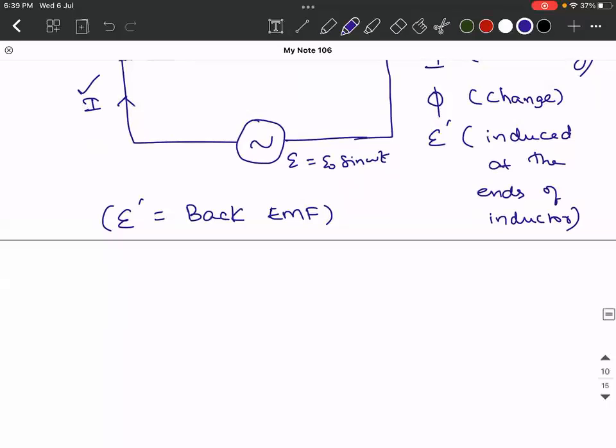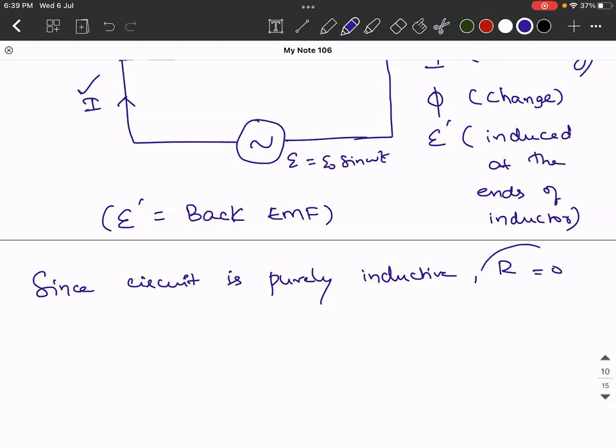Since the circuit is purely inductive, okay, I repeat. Since the circuit is purely inductive, means there is only an inductor, we can say resistance across the circuit is zero.